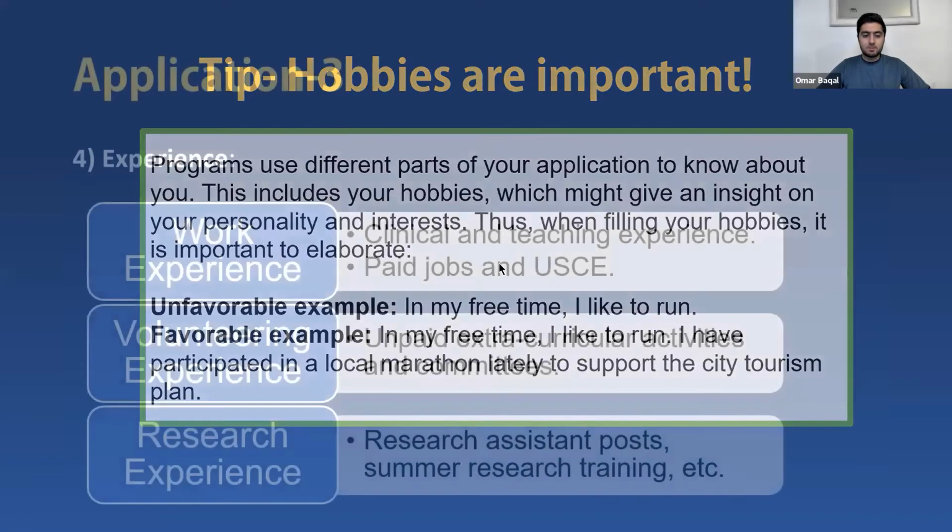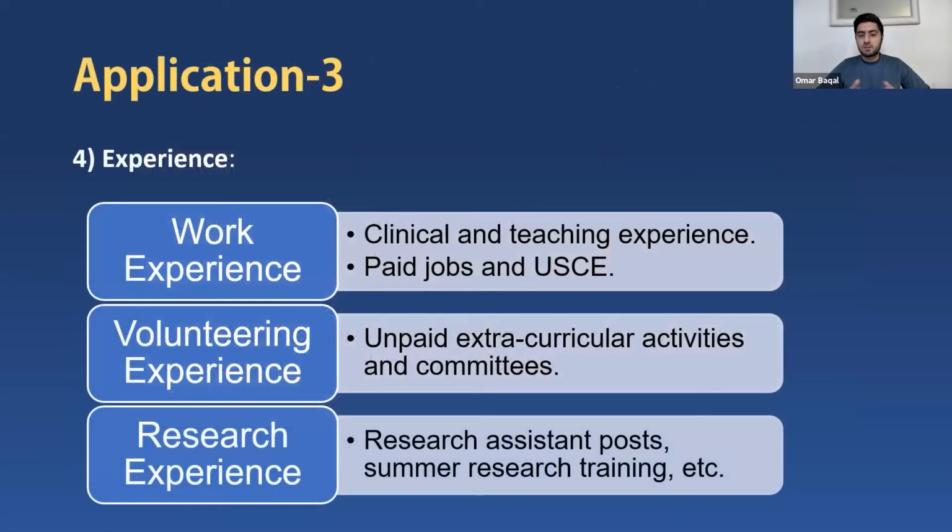Next, we have the experience section of your application, where you're going to talk about your work experience, volunteering, and your research. Under work, you have any clinical electives, clinical experience you might have had previously, and teaching experience also goes here, as well as any paid jobs that you might have had before.